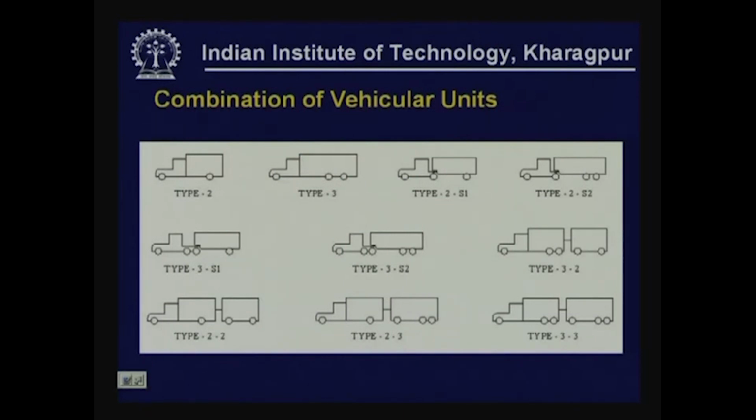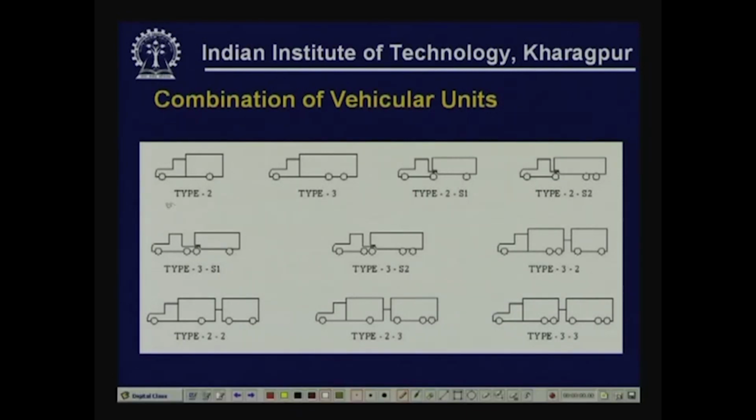This is typically the loading configurations that Indian Road Congress considers. The first two types of vehicles are single unit type. The first one is a vehicle having 2 axles, single unit, you can see it as a single unit there. The second one has got type 3, it has got 3 axles.